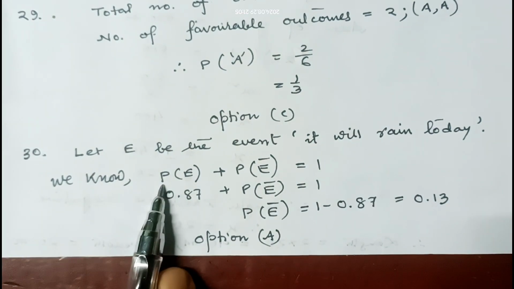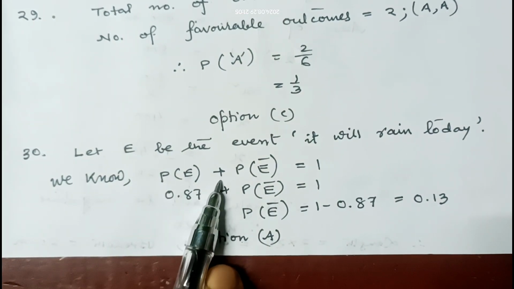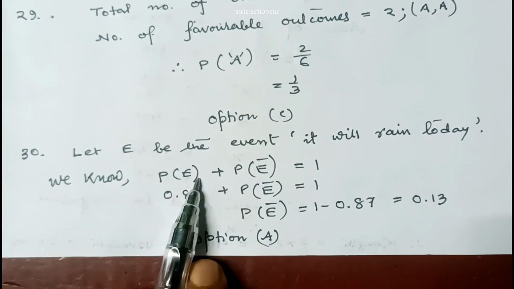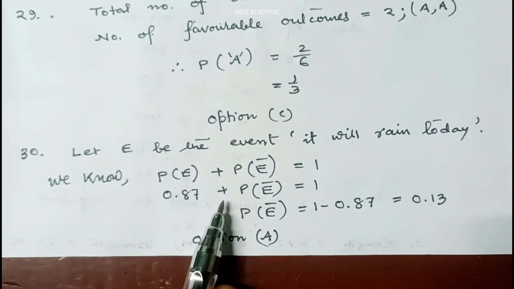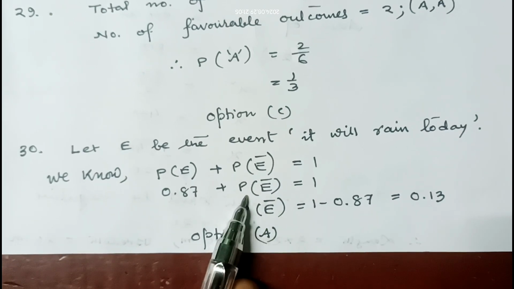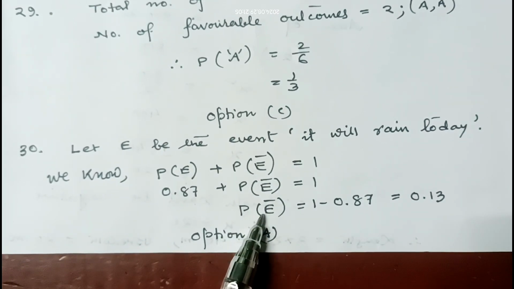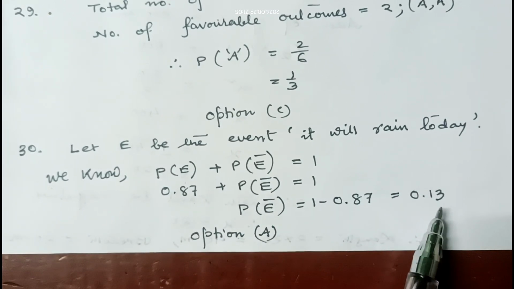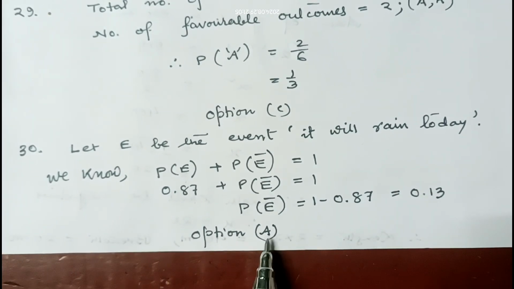So probability of the event plus probability of not occurring that event is always 1. Probability of rain is given 0.87 plus probability of no rain, together it will be 1. So probability that it will not rain equals 1 minus 0.87, which will give 0.13. So option A is the correct answer.